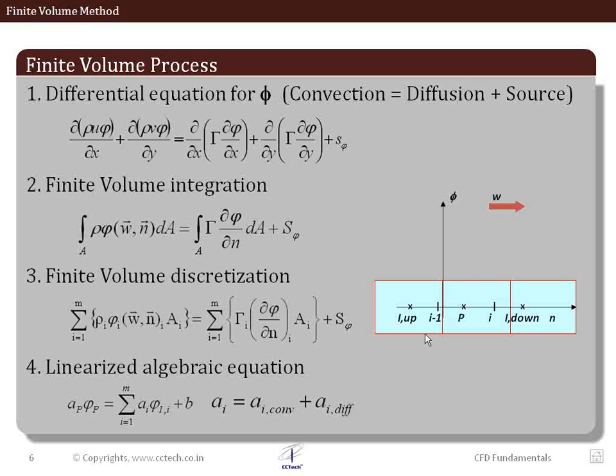And the other things that you see here, A, P, or B, these are all constant terms. These are things which are based on how we are converting it into linear algebraic equations. They depend upon properties like density, or in this case the diffusion coefficient, or the source terms. These are what constitute these constants.